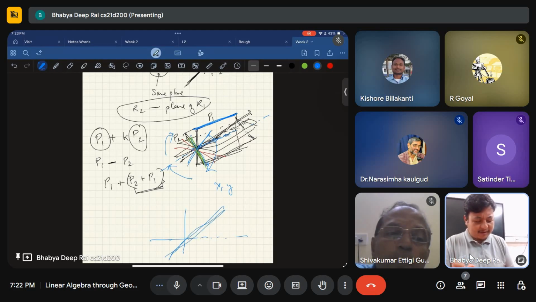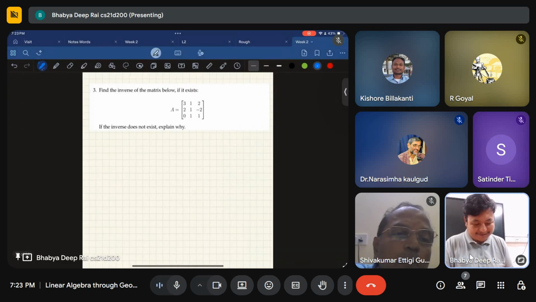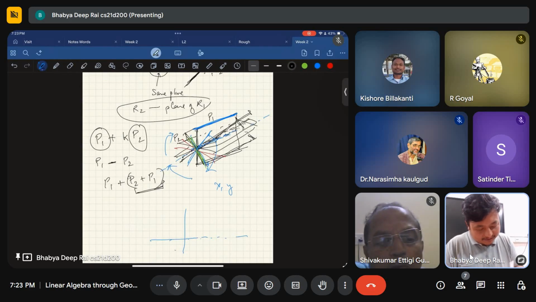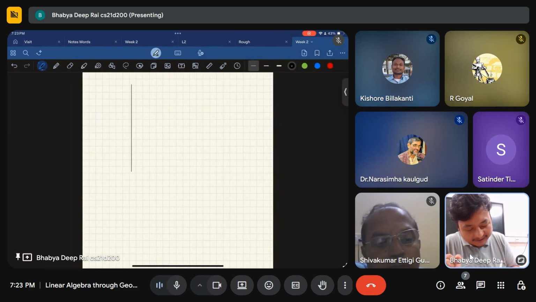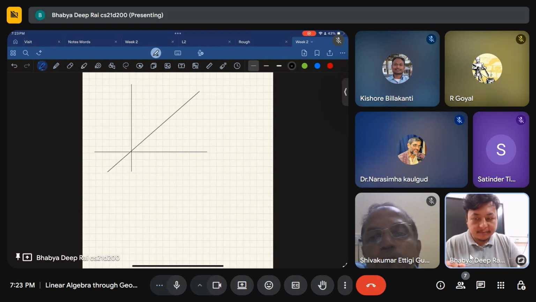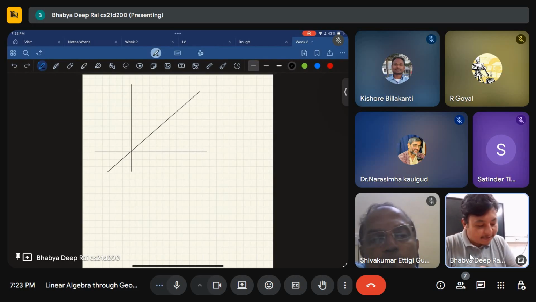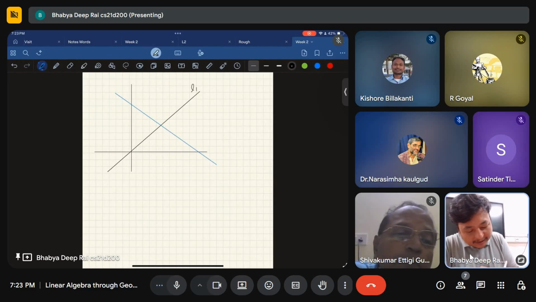If you have line 1, with your x-axis and y-axis, and then a separate line, which is the second line, this is your line 1 and this is your line 2, and they intersect at the same point.